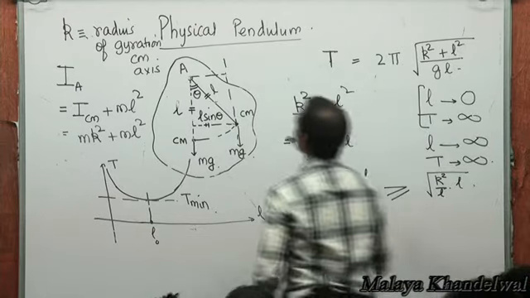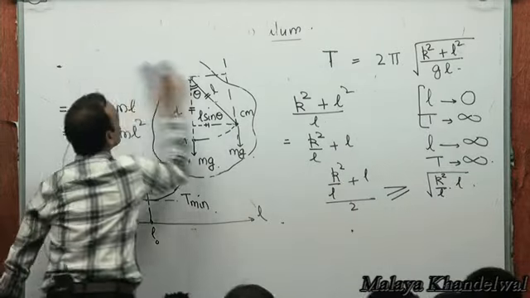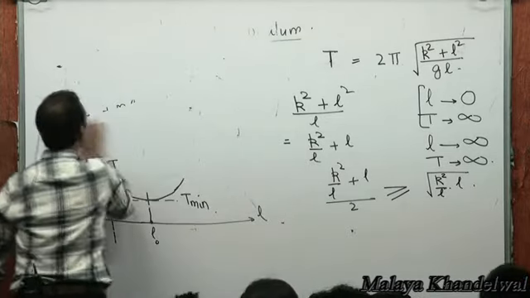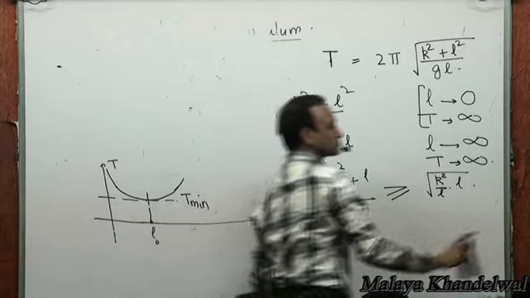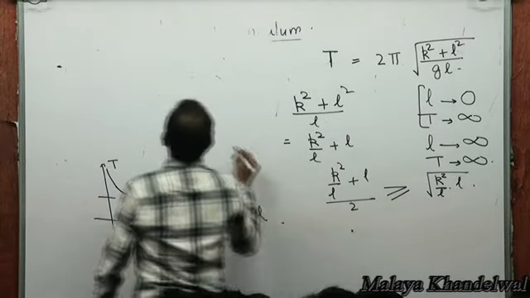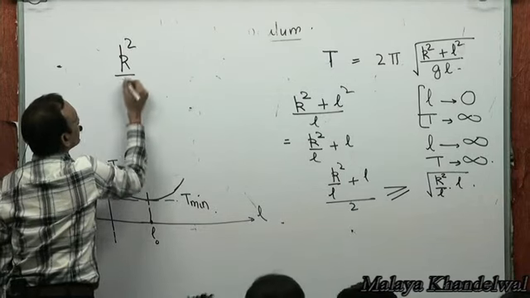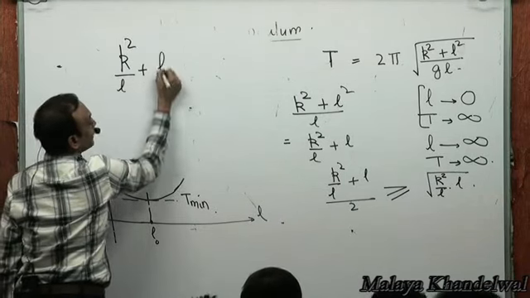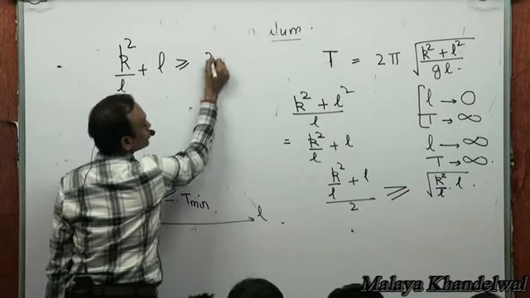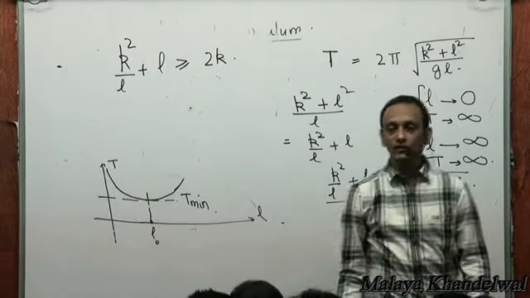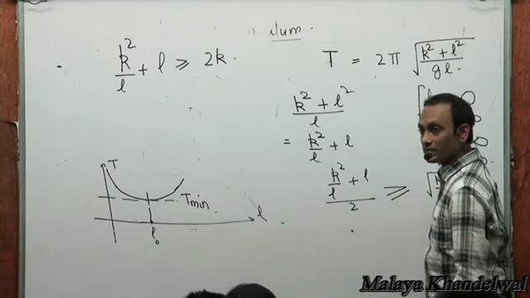Which means K squared by L plus L must be greater than or equal to 2K. Arithmetic mean is greater than or equal to geometric mean.